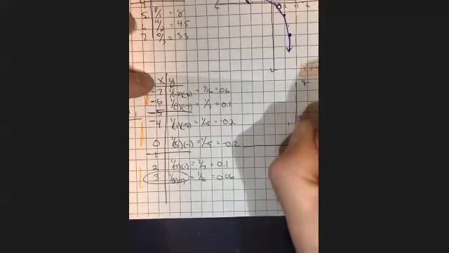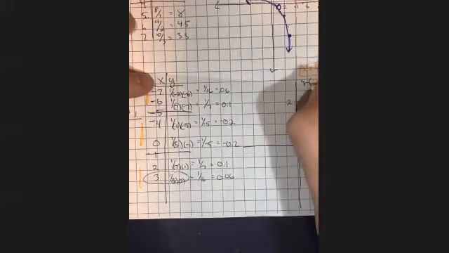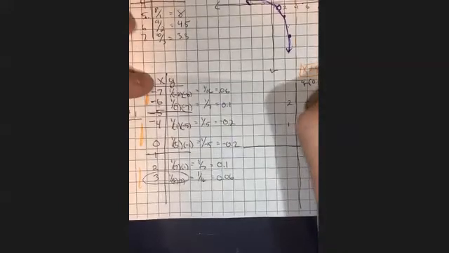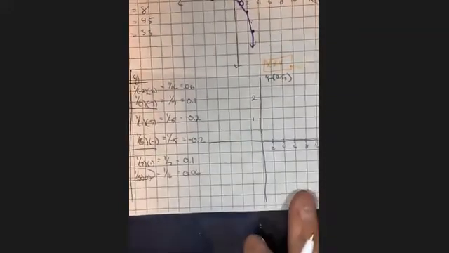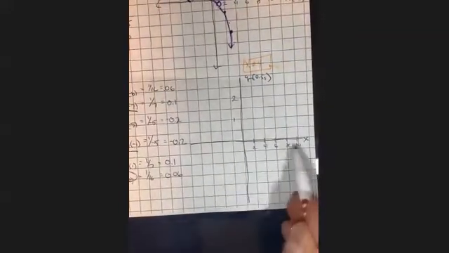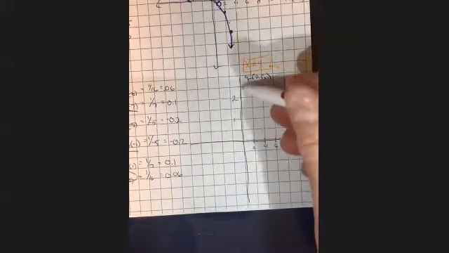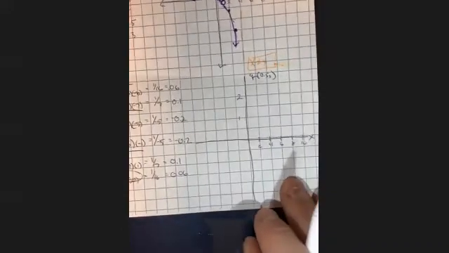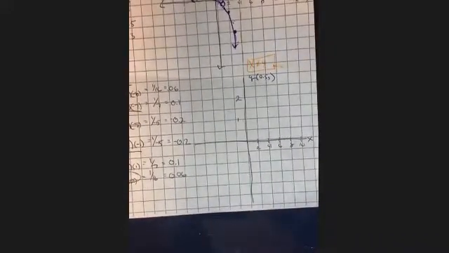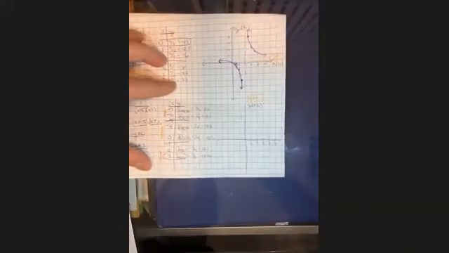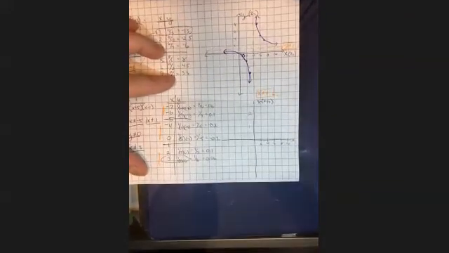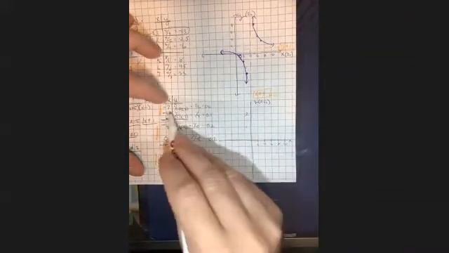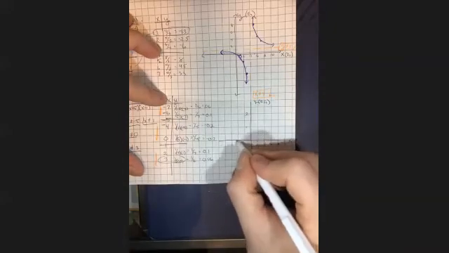So 1, skip 1, 2, 0.5s. So that'll give us some room to move around. X is by 2s, y is by halves, so every other one is a whole number. Let's see what this thing looks like. I'm going to zoom out so we can see those numbers a little bit better.